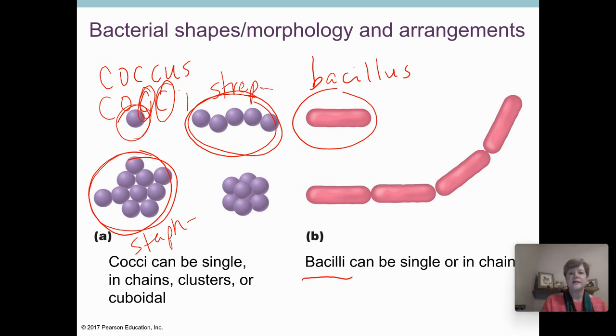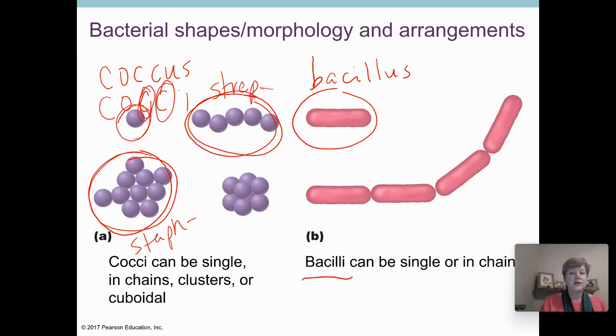So streptococcus with a lowercase s would just mean spherical cells that are connected to each other to make these chains. If you had staphylococcus, it would describe spherical cells that group together in clusters. And if you have streptobacillus, that would be rod-shaped bacteria that like to form these chains.